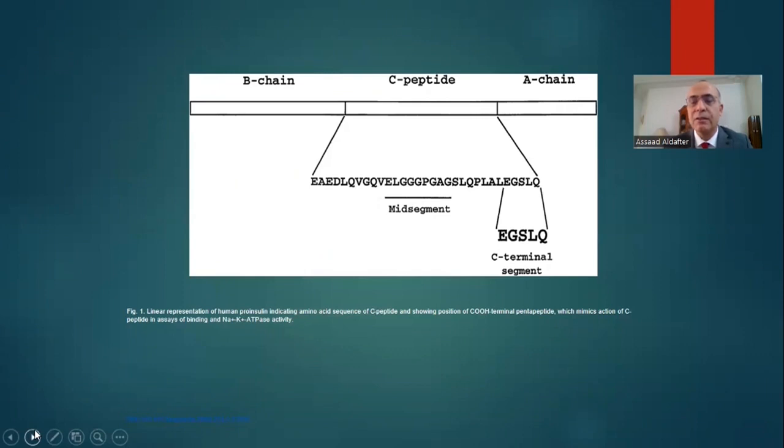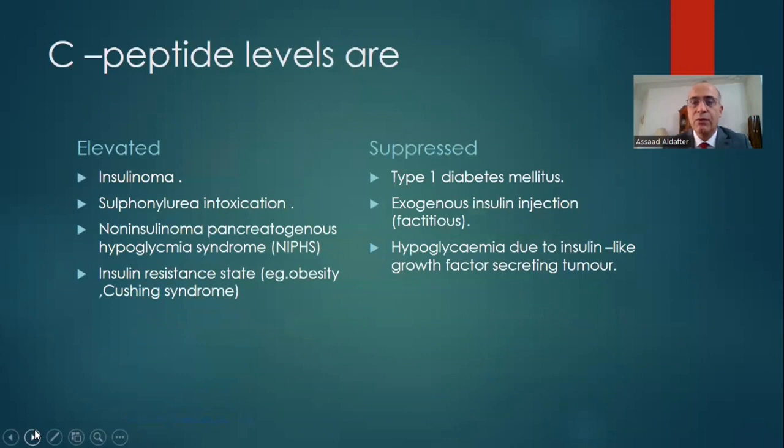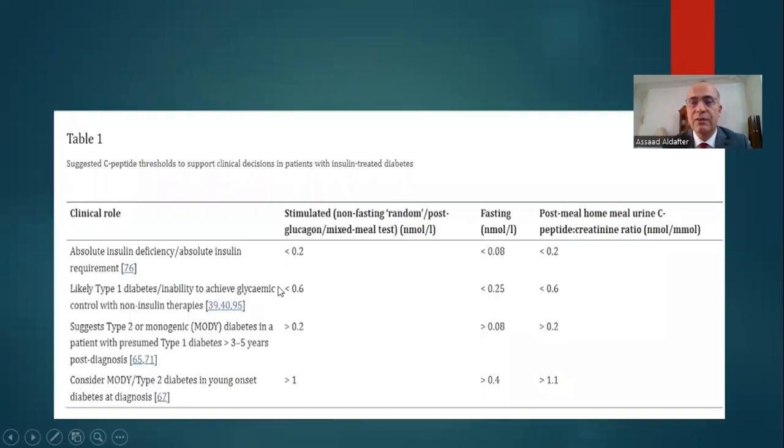So what C-peptide represents is the beta cell function. We use it for diagnosis, especially if there is an elevated level like in insulin resistance. Of course, it can be elevated in other diagnoses, but in today's lecture we will talk about type 1, which is deficient insulin secretion represented by C-peptide, and insulin resistance or type 2 diabetes.